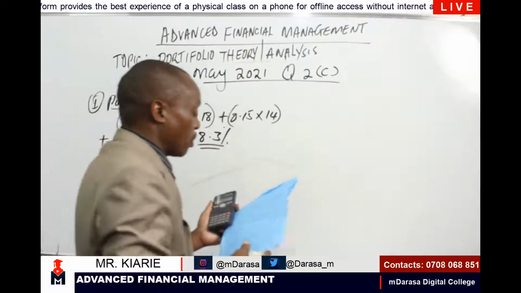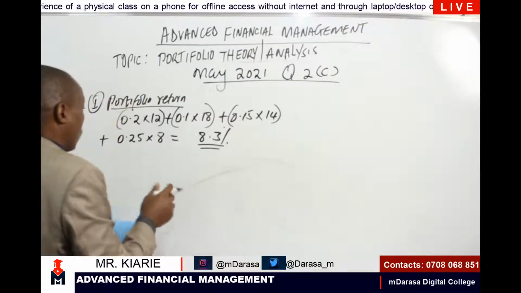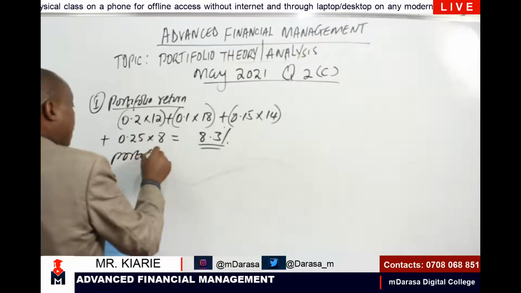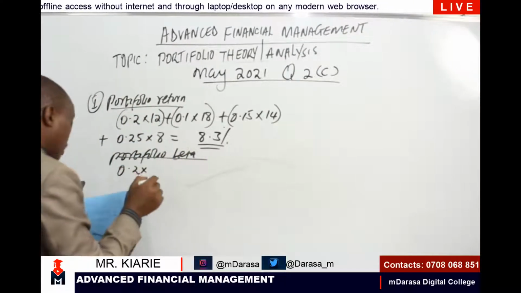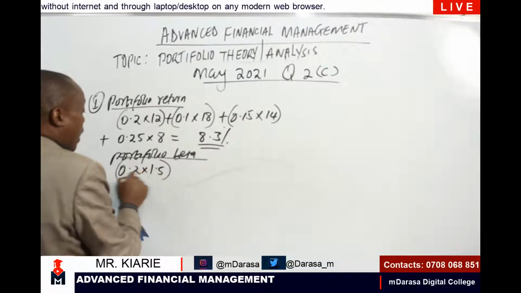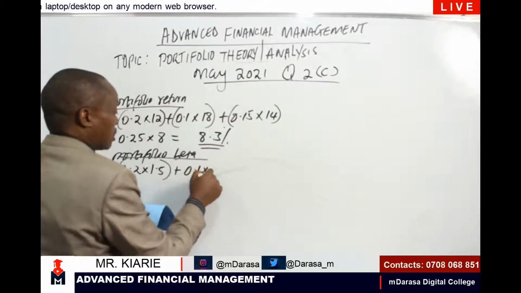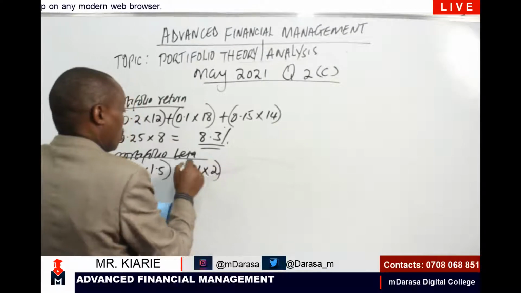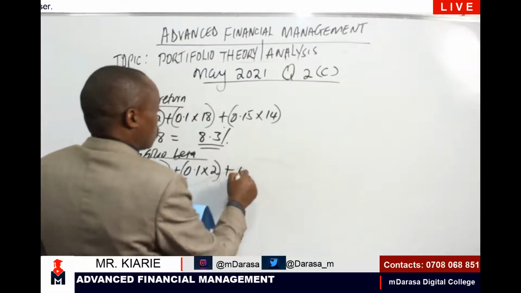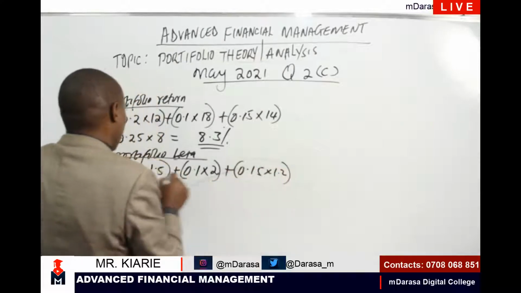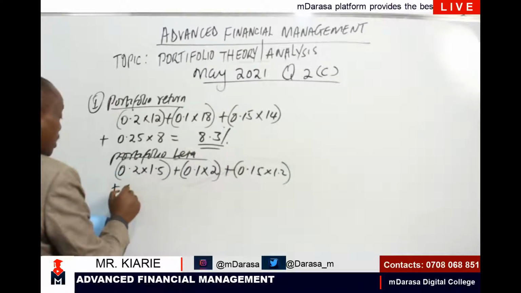Expected return of the portfolio is 8.3%, while the beta of the portfolio will be 0.2 times the beta of A, which is 1.5, plus 0.1 times beta, which is 2, plus 0.15 times 1.2, plus 0.25 times 0.9.